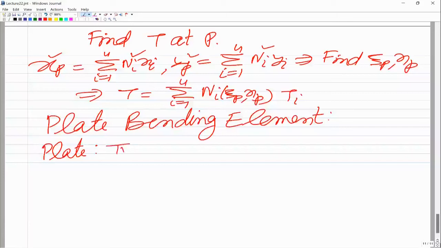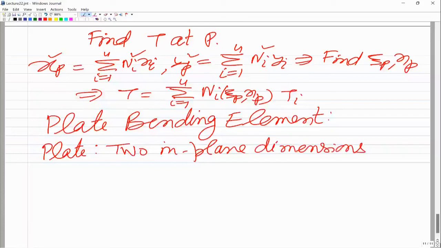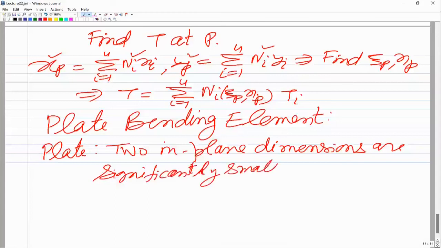So when you say plate, basically we are saying that the two in-plane dimensions, like A and B you might have studied, are significantly larger compared to the thickness of the plate.